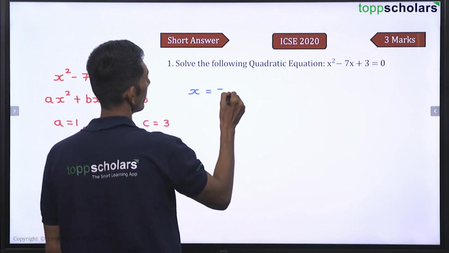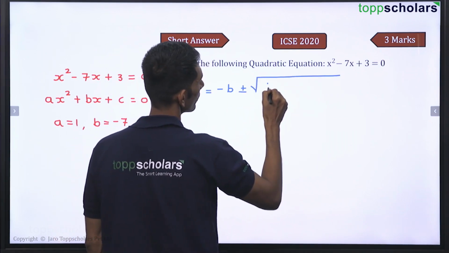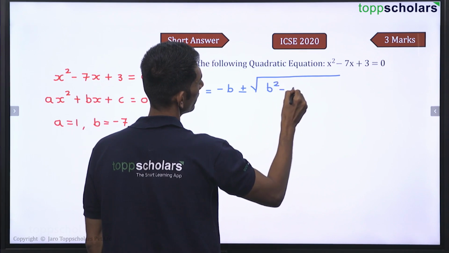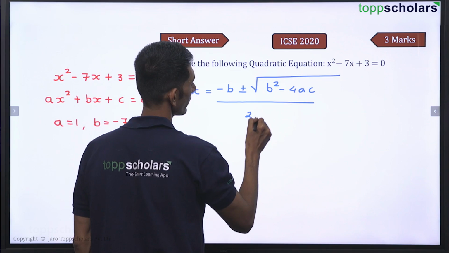X will be minus b plus or minus under root b square minus 4ac, the whole divided by 2a.